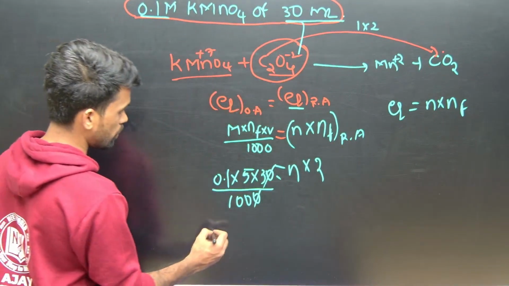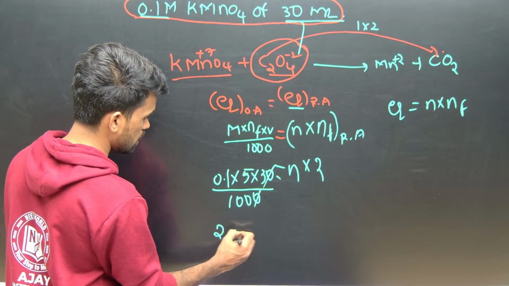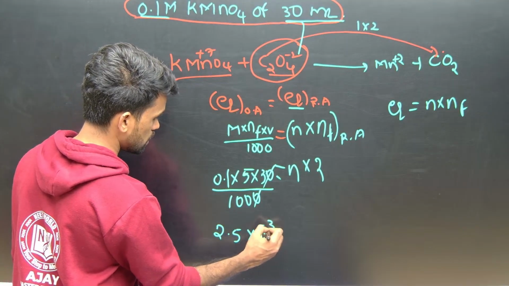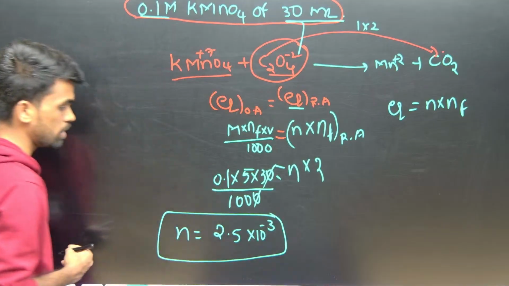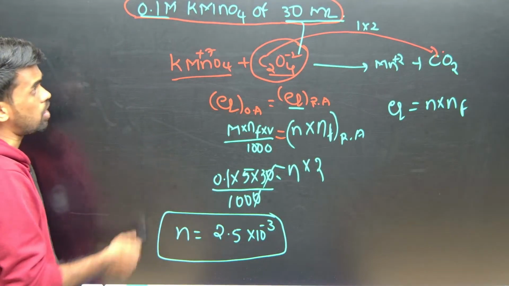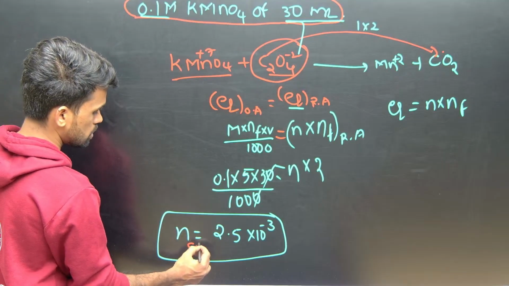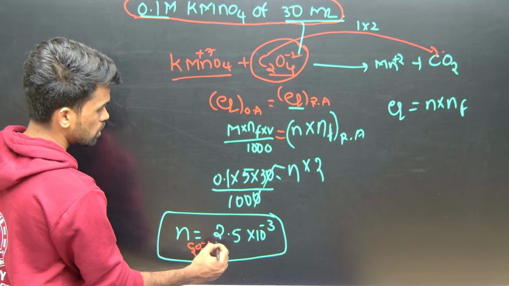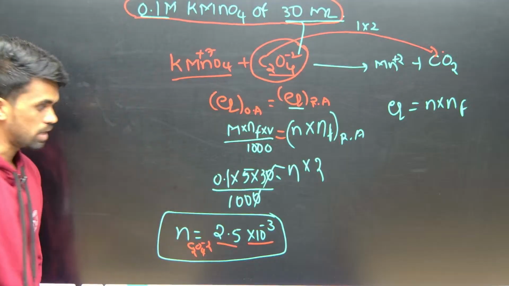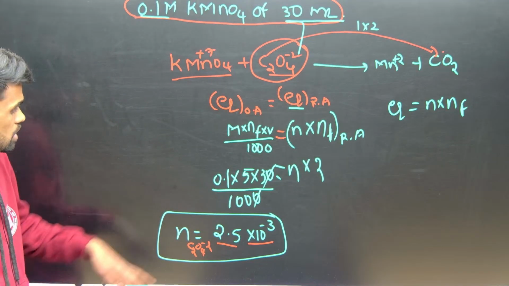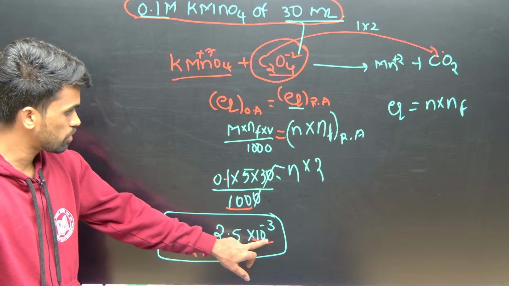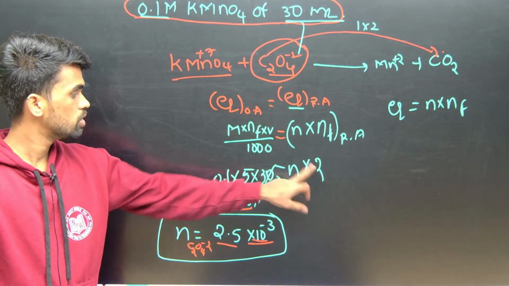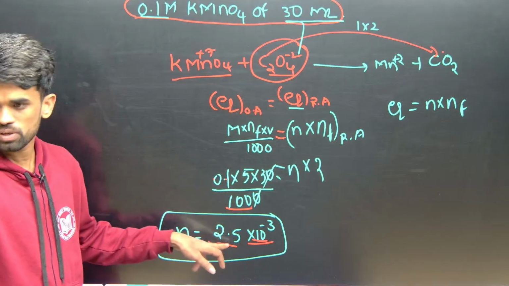So you have 5 by 2, which is 2.5, into 10 power minus 3. So the number of moles of C2O4 oxidized is 2.5 into 10 power minus 3. How did we get this number? Here 100 is there, here 10 power minus 1 is there, so we can write 10 power minus 3. Here 5 by 2 is there, so it means 2.5, that's it.